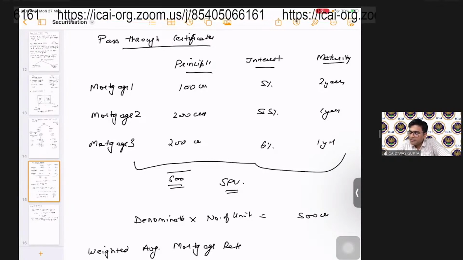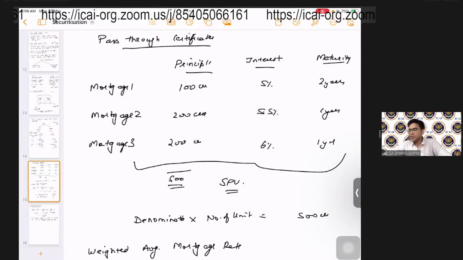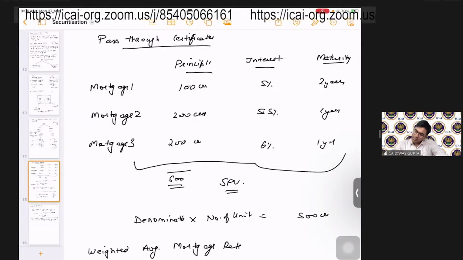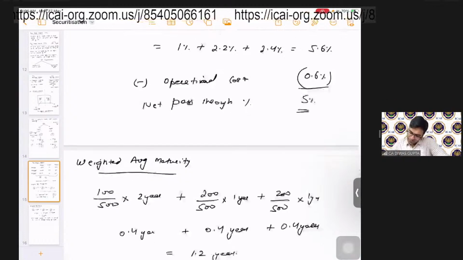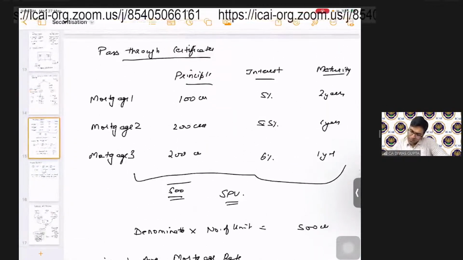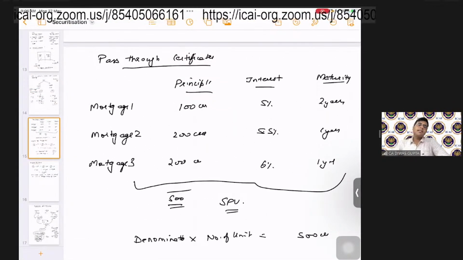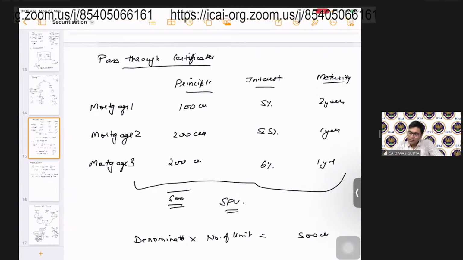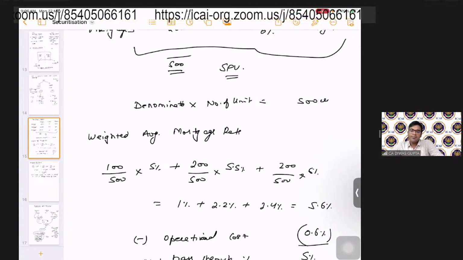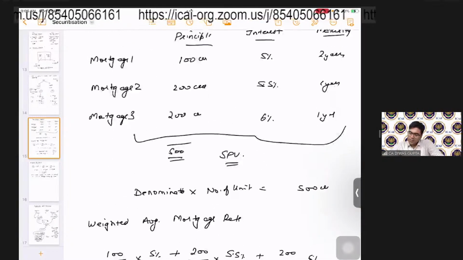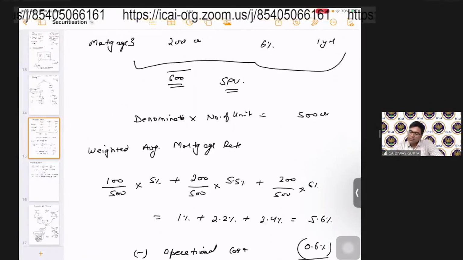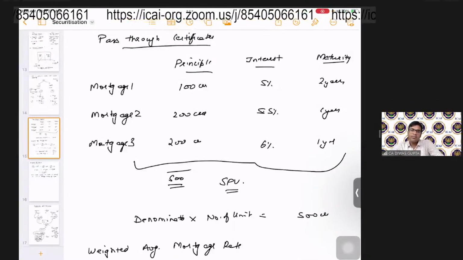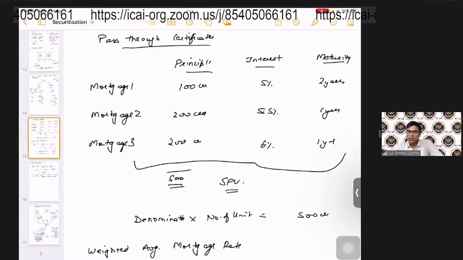Interest is 5%, 5.5%, and 6%, and maturity is 2 years, I think 1 year and 1 year, yes. And these three loans are converted into different denominations or securitized, right? So what we say is denominations into number of units should be 500 crore, right? Because these are the total cumulative amount.